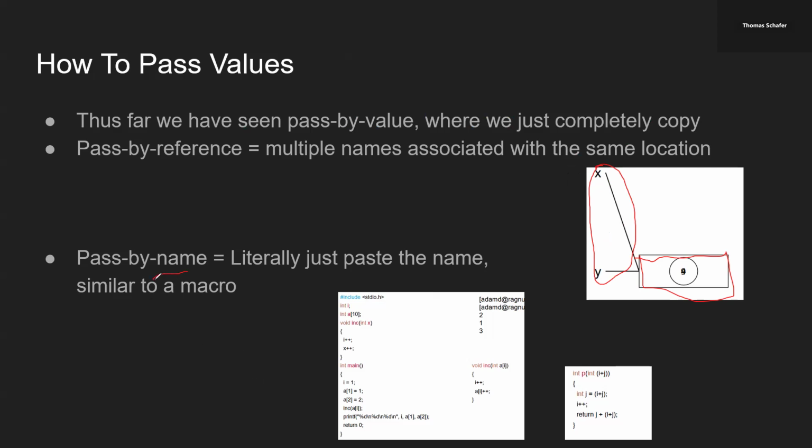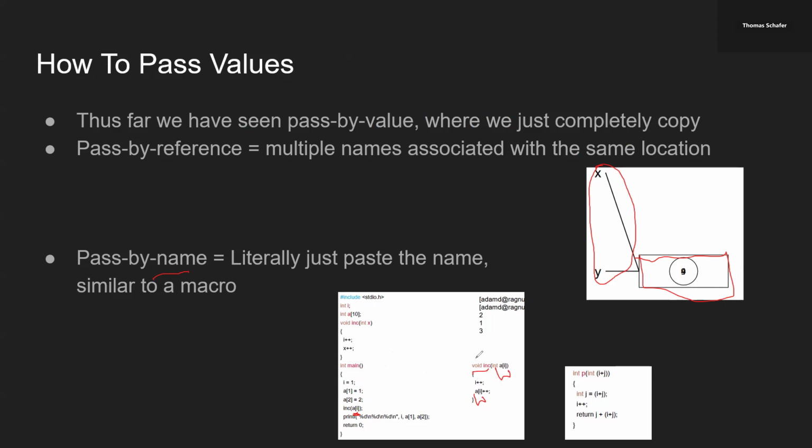Pass by name is kind of how C macros work, if you guys have ever used or seen them, it literally just replaces the name. And so when we call this function with a of i or an array access at a certain index, all it does is it completely replaces the name. So it's like this function wasn't even called and there wasn't even a frame set up. It just raw replaces them.